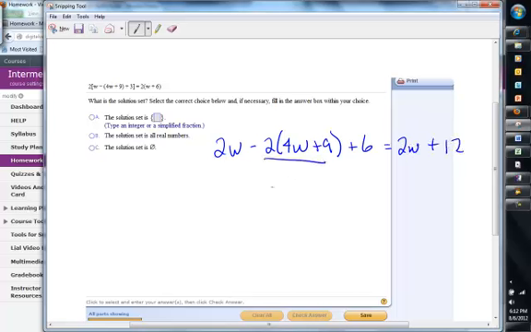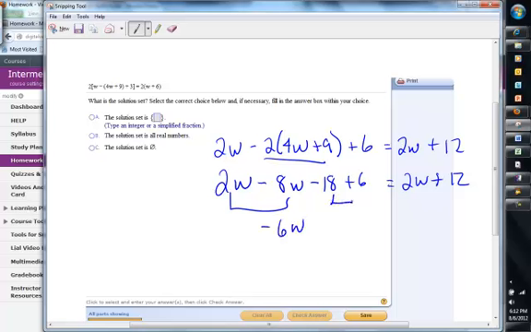Now we have to multiply out this parentheses. So we have 2w minus 8w minus 18 plus 6 equals 2w plus 12. 2w minus 8w is negative 6w. Negative 18 plus 6 is negative 12 equals 2w plus 12.